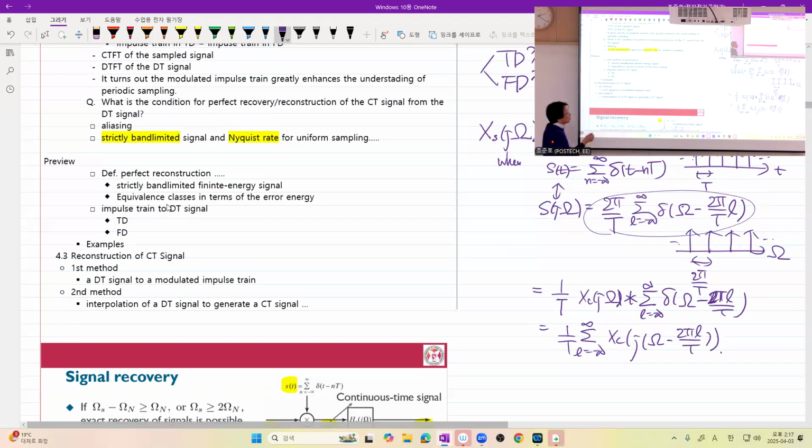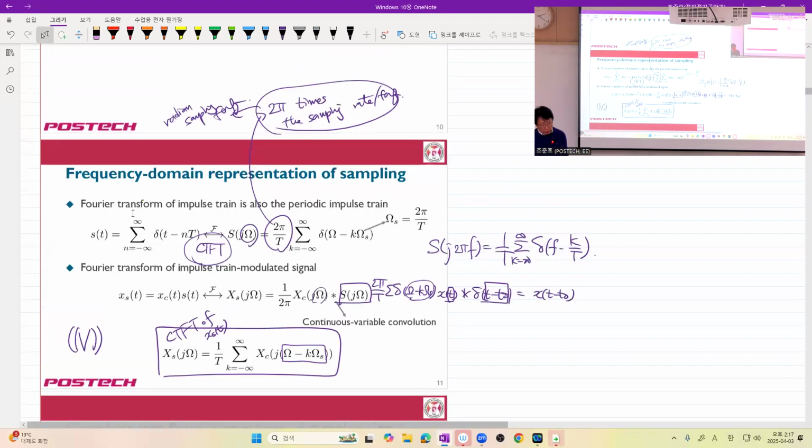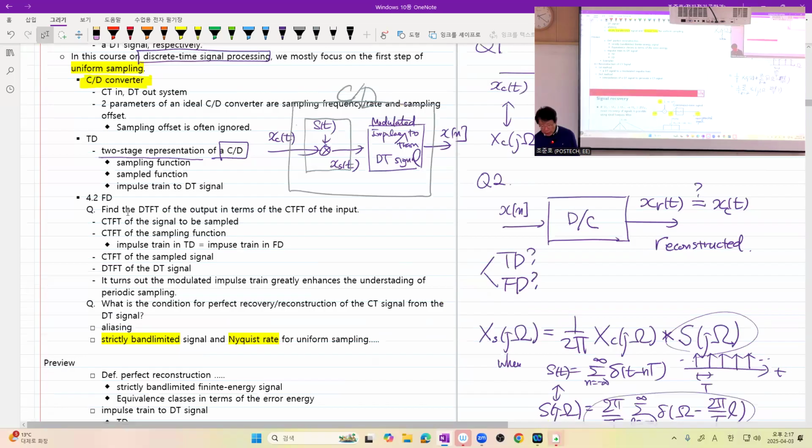Got it? I hope I'm correct. Let me check, because sometimes that coefficient is very, very confusing. So yeah, I believe I'm right. Here, the capital omega sub s is this one.